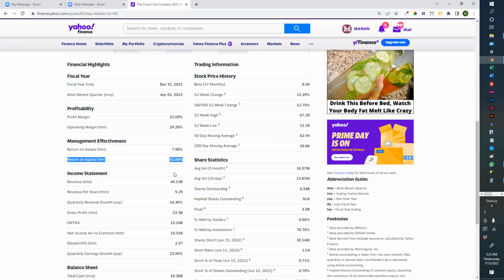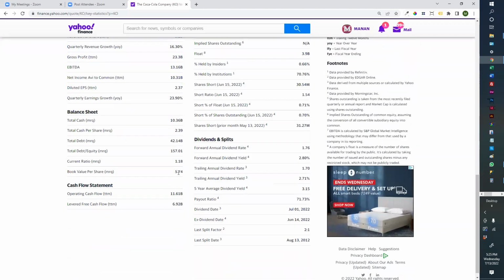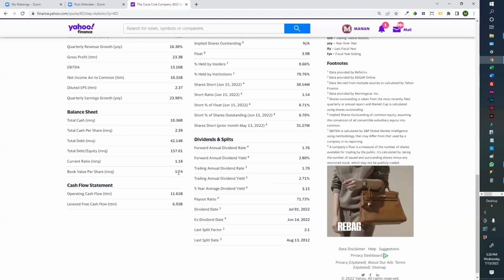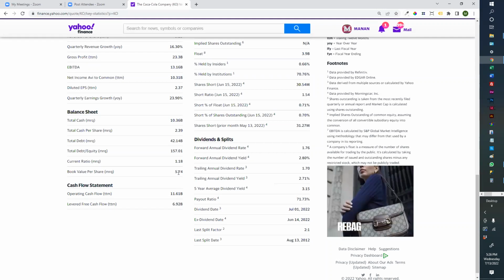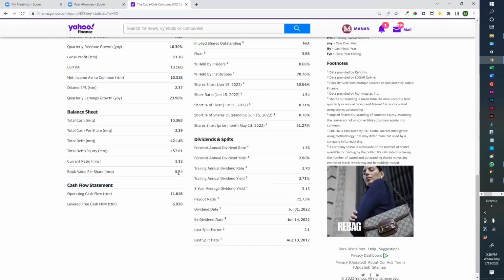You cannot find Coca-Cola trading at $5.74. The market is efficient in that sense that if they figure out something is working nice, producing much more money with return on equity, then they're not going to let it go for $5.74.